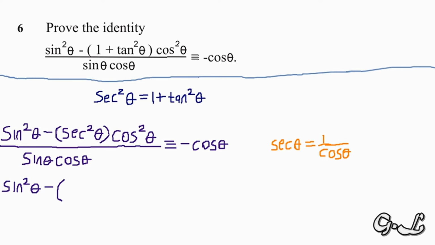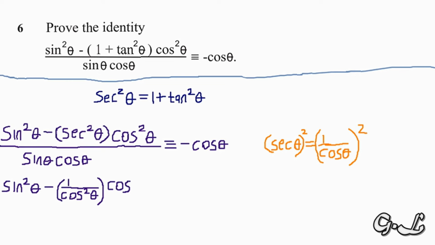If it is sec squared theta, it means that the other side is also squared. So in that case it will be sine squared theta minus open brackets 1 over cos squared theta, and then we also have cos squared theta outside the brackets, and then over sine theta cos theta, like that.